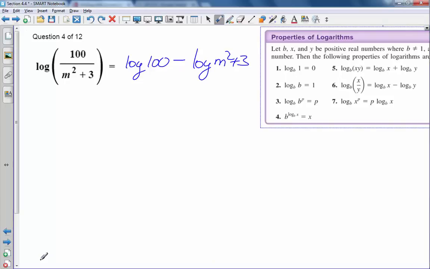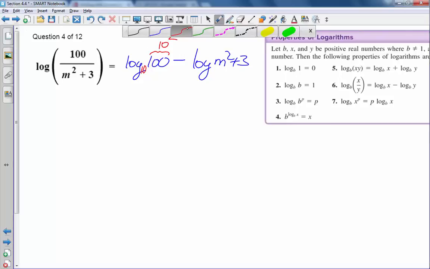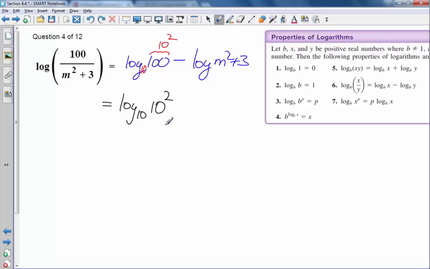Why don't you take a look at the first part? What's that? Yeah, 100 is 10 squared, base is 10. Oh, we have a matching base situation here, and power as well. 10, 10, and a power, and some stuff else.